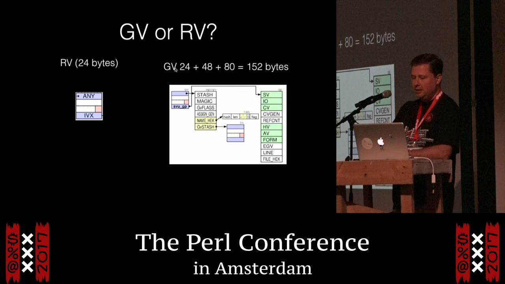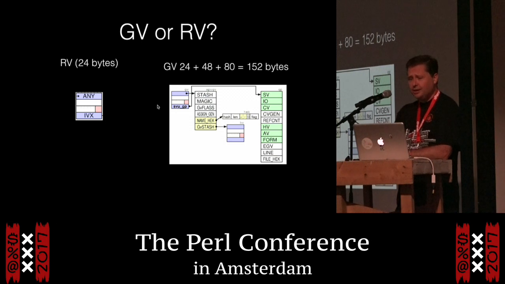So you can see it's 24 bytes for that, your body is taking up 48 bytes, and then your GP is taking up an additional 80 bytes. So it's roughly 160 bytes compared to an RV, which is a special type of SV, which is what this thing here was. And it just points through. So that means you can take up a lot less space.